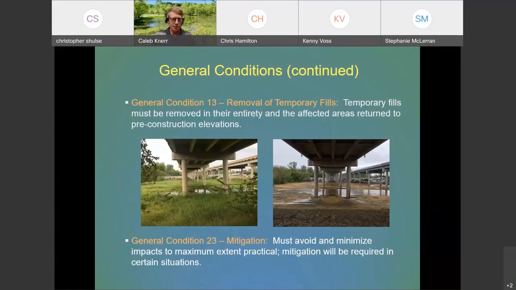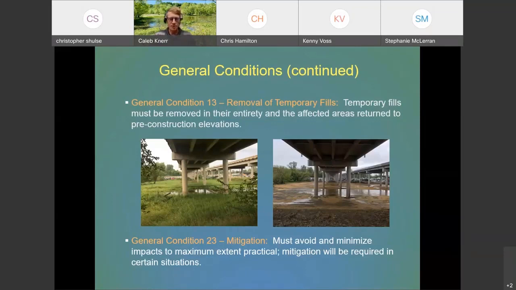As you can see in the picture on the left, there are wetlands below that bridge and kind of an open water, sparsely vegetated concave surface that was a fairly decent site as far as wetlands go. But the construction of that bridge required placement of temporary work pads, and the requirement of that general condition is that those materials be removed in that area and either regraded or returned to pre-construction elevation.